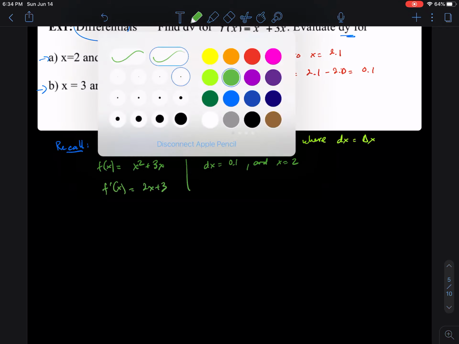F prime of x in this case is at the x value of 2, so we want to evaluate the derivative at x equal to 2. So that's just 2 times 2 plus 3, which is 7.